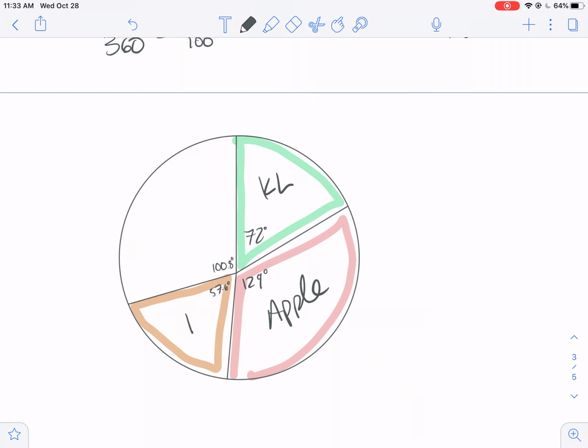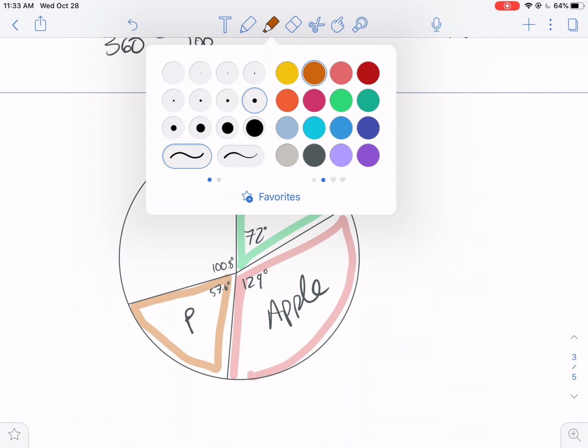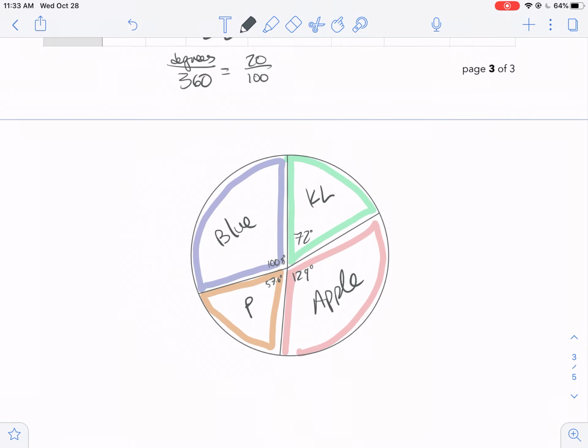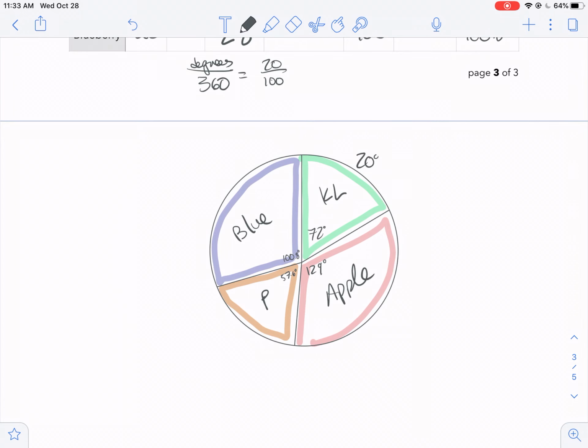Nice. And then finally we have blueberry. Although I feel like blueberry pie is more of purpley, so that kind of works. We should label them with our percents. We found out earlier that this is 20%, 36%, 16%, and 28%.